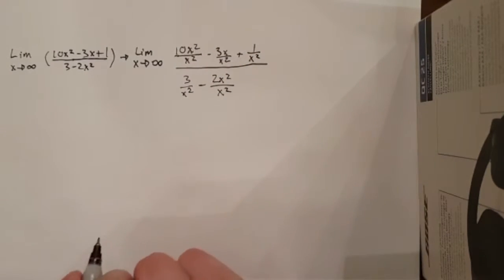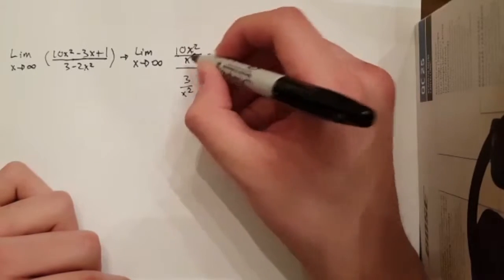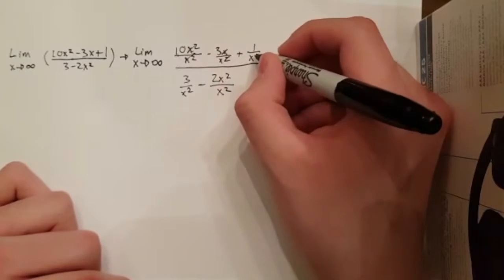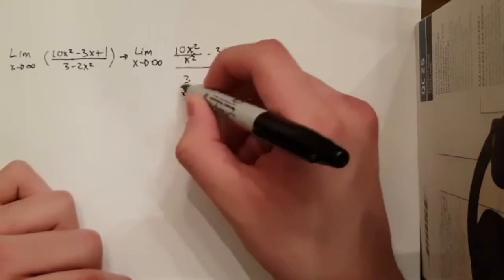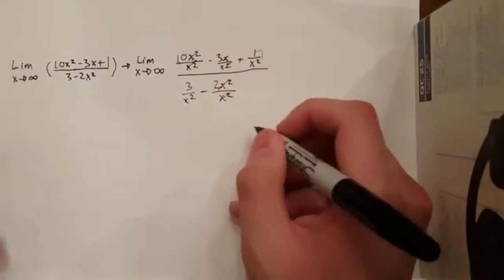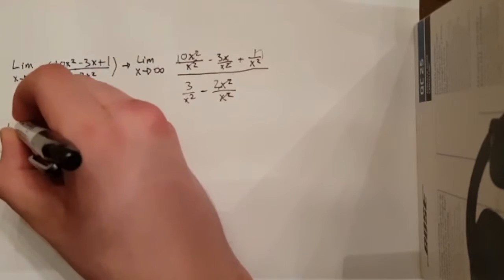So the next step is we cancel out. For example, these ones totally cancel out. These cancel only one x, so one x remains on the bottom. Here nothing cancels. Here also nothing cancels, and here both x squareds cancel out. So now we rewrite what we have left. And remember, the limit is very important.